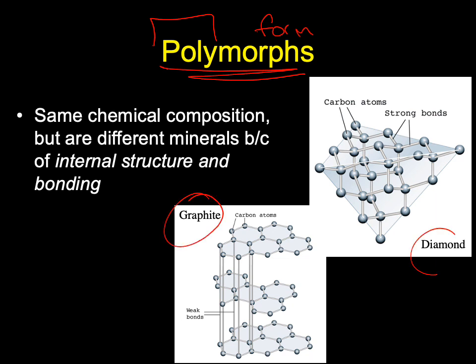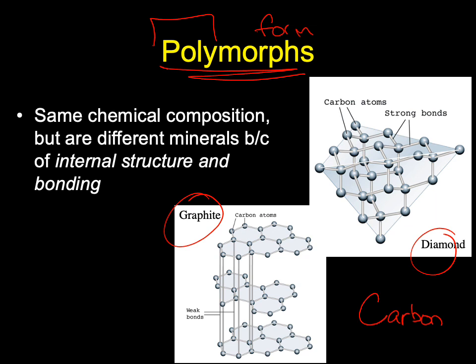This is graphite and this is diamond. Both of them are just made up of the element carbon. Both of them have nothing in them but carbon atoms. However, graphite is very weak. In fact, you can put it in your pencil and then you can actually break the bonds between the carbon atoms just by wiping your pencil across the paper. But diamond is very strong and it's still all just carbon.